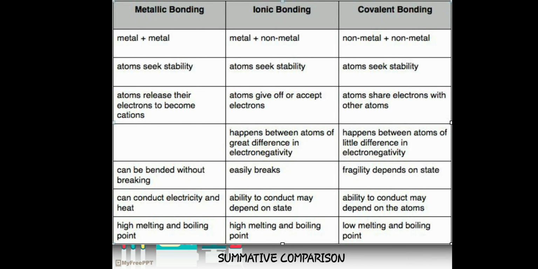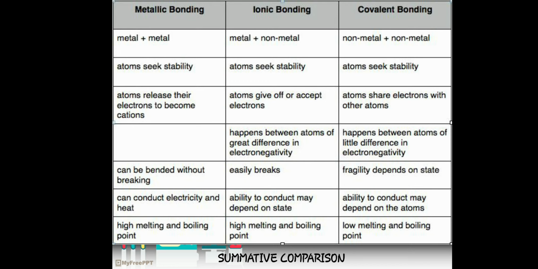So, ionic bond happens between atoms with a great difference in electronegativity, and covalent bond happens between atoms with little difference in electronegativity. In metallic bond, there is no such electronegativity because metallic bond always releases electrons, not accepting them.